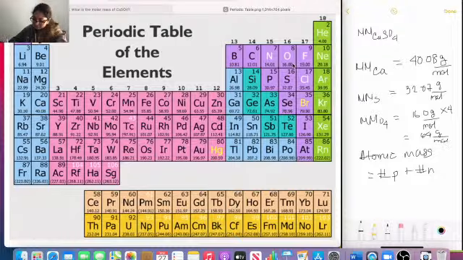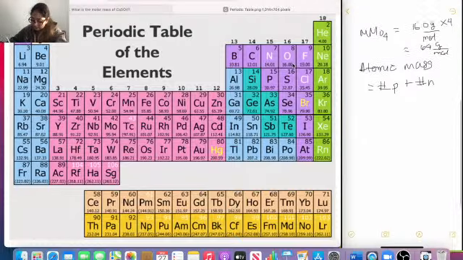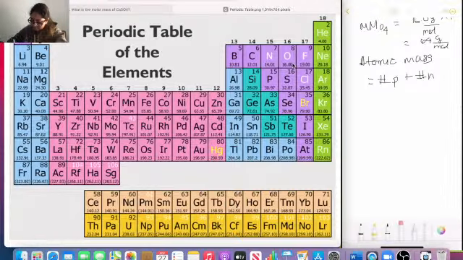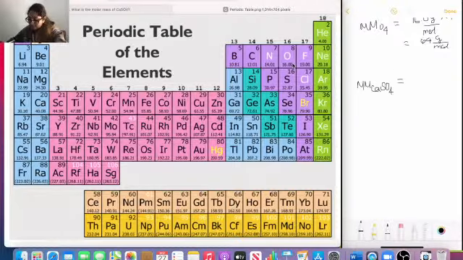Okay? And so then, just erase this. To find the molar mass of calcium sulfate, we just have to add all of the numbers together.